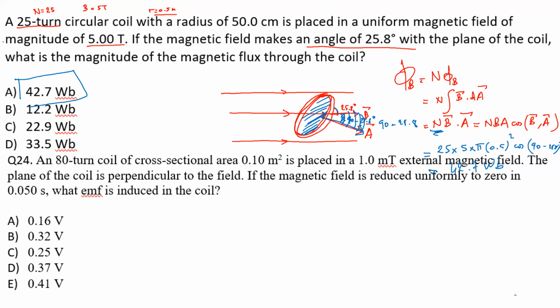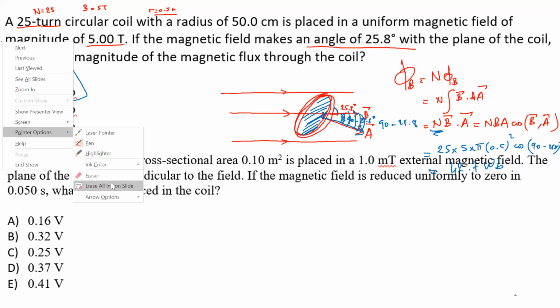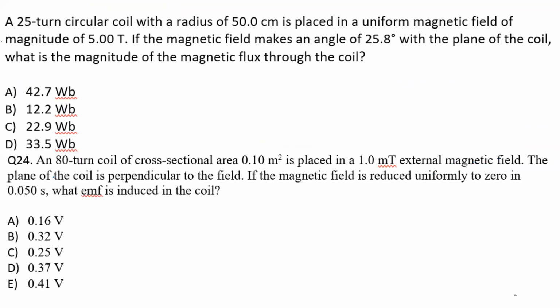So now in this problem, I have an 80-turn coil, so N is equal to 80, and I give you the cross-sectional area, 0.1 meter squared, placed in a magnetic field of 1 millitesla. So B is 1 millitesla, which is 10 to the power minus 3 Tesla. The plane of the coil now is perpendicular to the field.